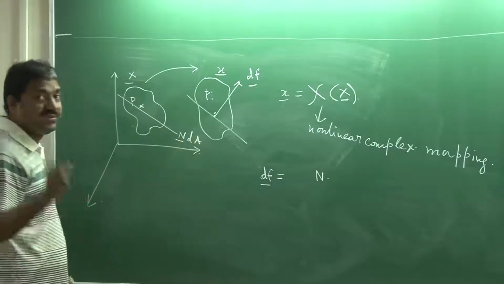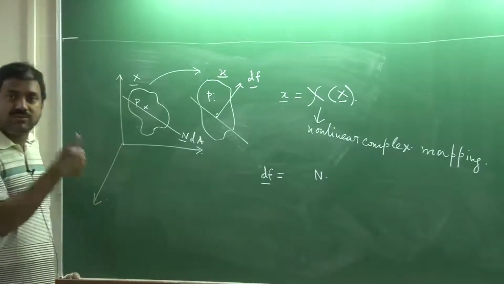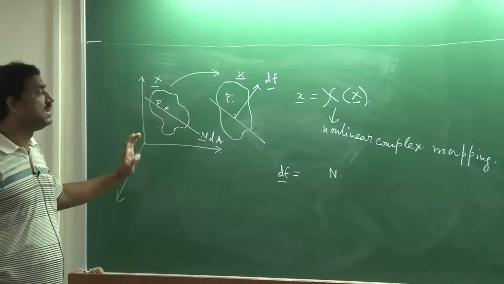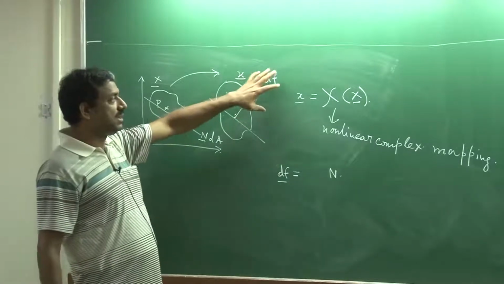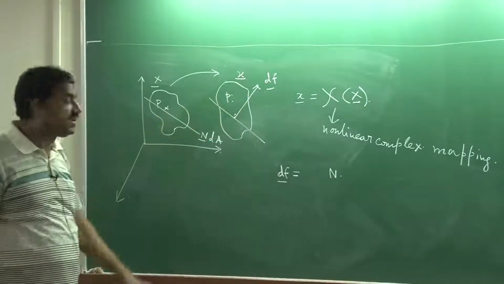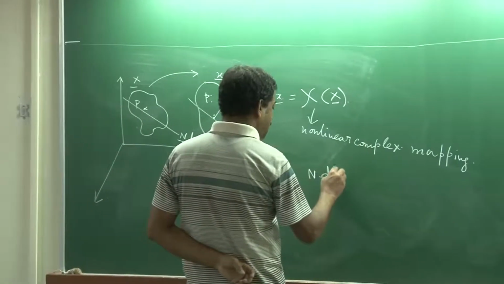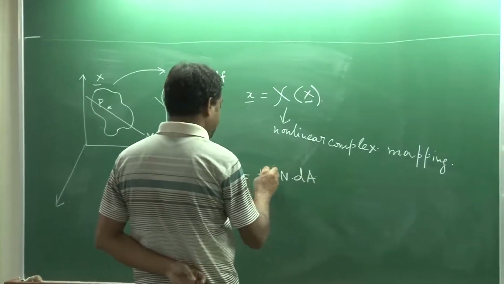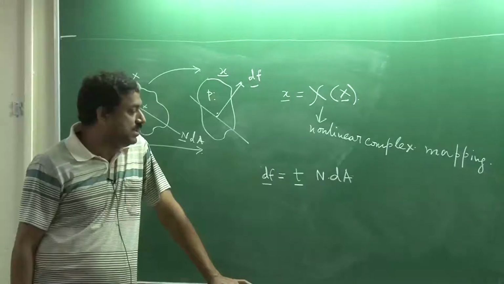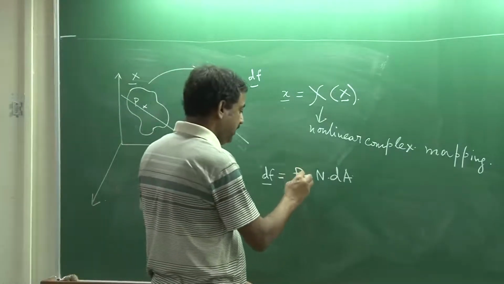We are considering a small area in the undeformed configuration, characterized by the unit normal to it, capital N bar, because capital N bar refers to the undeformed configuration. And then we relate the internal force in the deformed configuration to this. So dF is T bar, which is P tilde N bar dA.